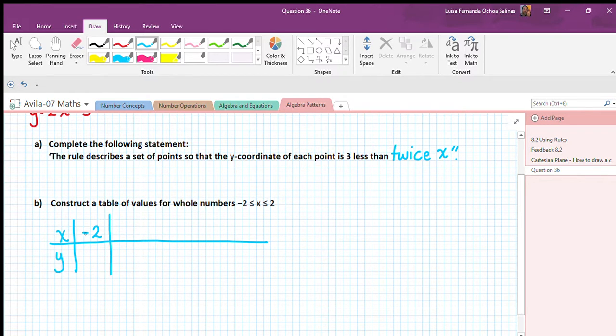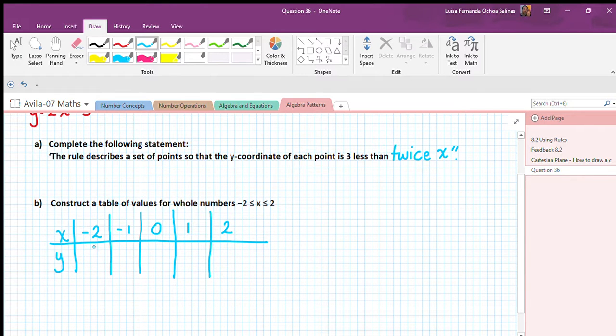We're not using decimals. So -2, what is the next whole number? -1. The next whole number, 0. Is 0 a whole number, girls? I hope you're all saying, yes, it is, Miss Ochoa. Then next whole number, 1. Next whole number, 2. And I stop there because that's what it's asking me.